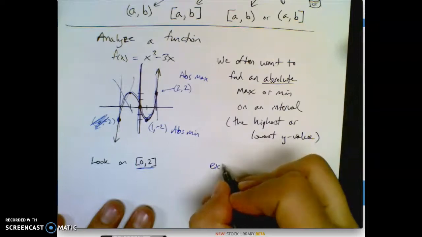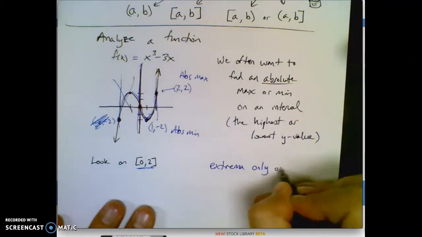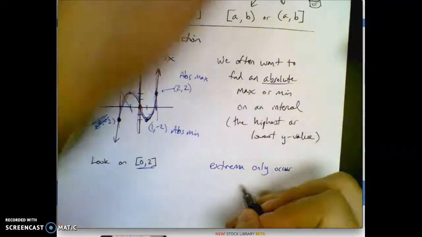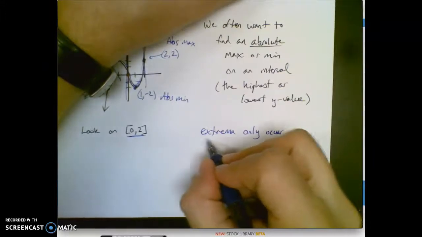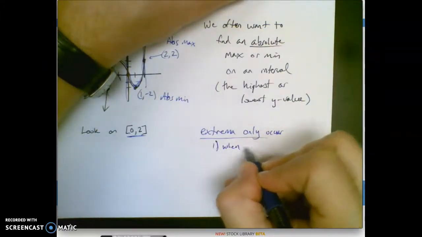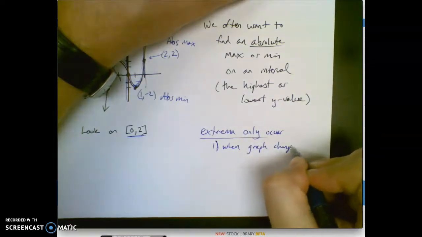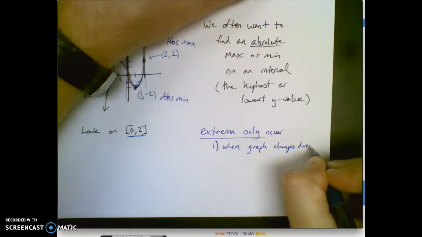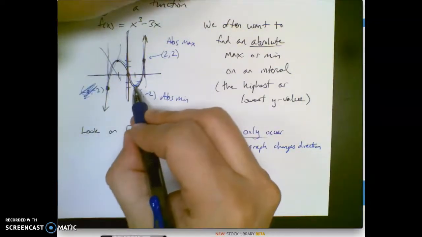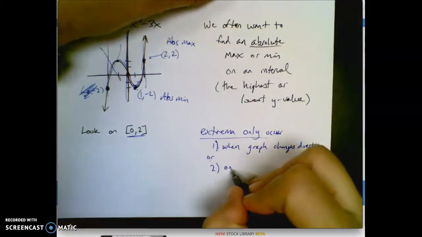So extrema only occur at two places, either when the graph changes direction, that was this point here where it goes from down to up, there's a min, or on an endpoint.